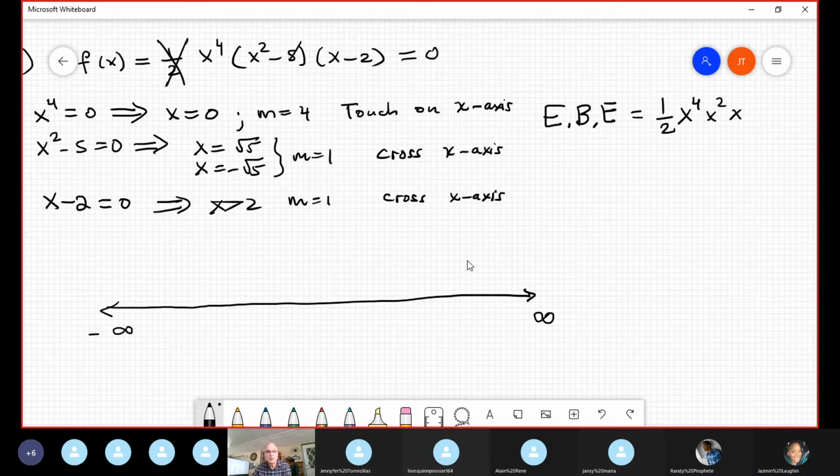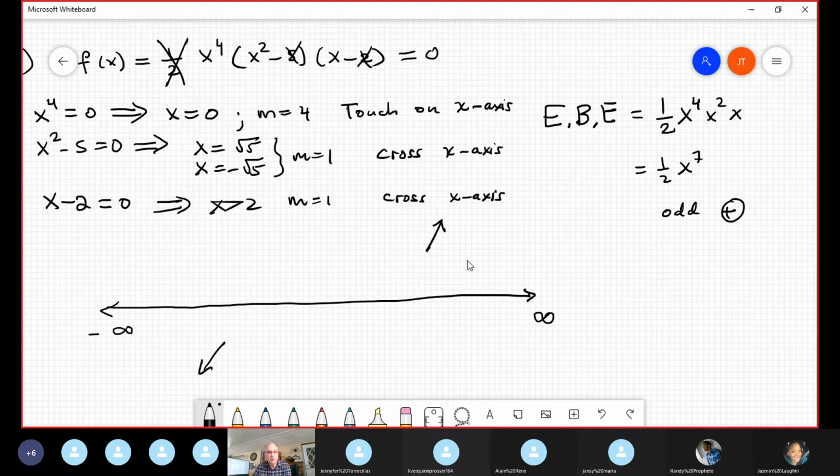So I ignore in the end behavior this 5 and this 2 because it's totally negligible. Therefore, the end behavior expression is 1/2 x to the 7th power. See, the exponent is odd and the coefficient is positive. The end behavior looks like that.